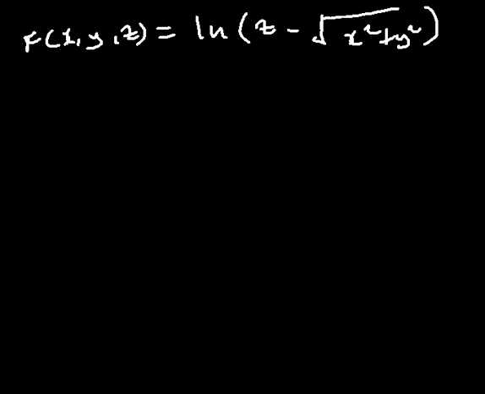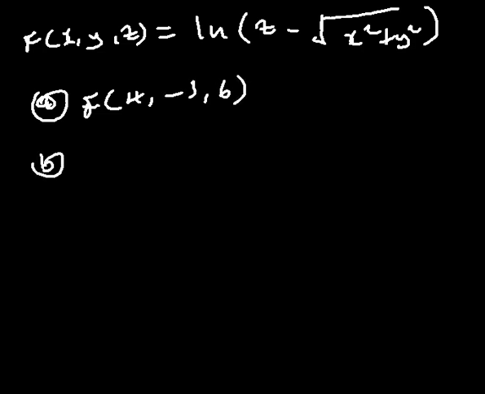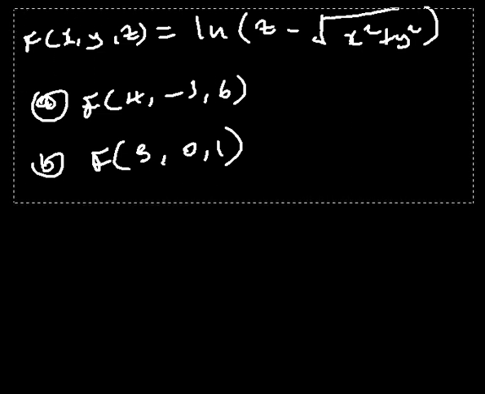So how should you evaluate the following? That is f of 4 comma negative 3 comma 6, and let's say f of 5, 0, 1. So that's how you should understand multivariable functions and how we can evaluate them.